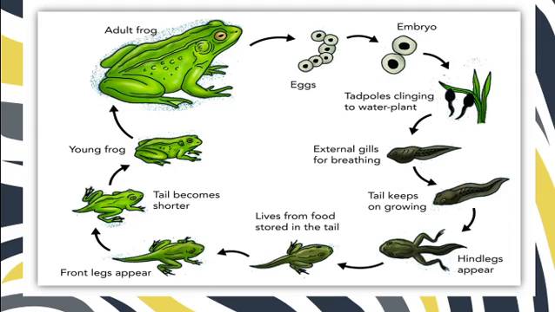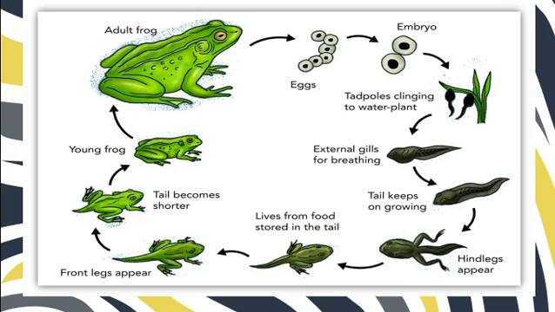Yes, metamorphosis means the fertilized egg, and finally the embryo develops. And what happens here: external gills for breathing and the tail keeps on growing. You can see the tadpole larva, and finally hind legs, and the webbed feet are formed.